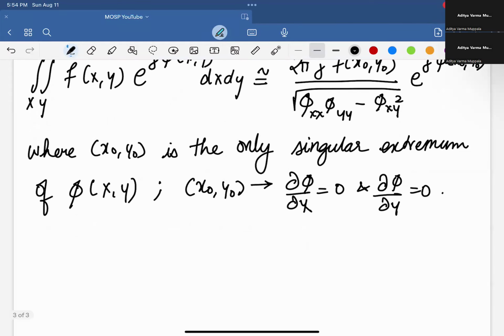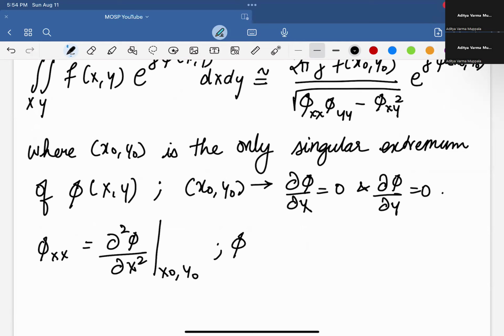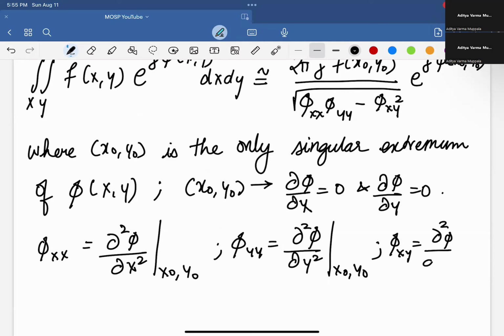Okay, and then we have to also define some other terms. Phi xx is d squared phi dx squared at the x naught y naught point. Similarly, phi yy is d squared phi dy squared at x naught y naught. And finally, phi xy is d squared phi dx dy at x naught y naught.